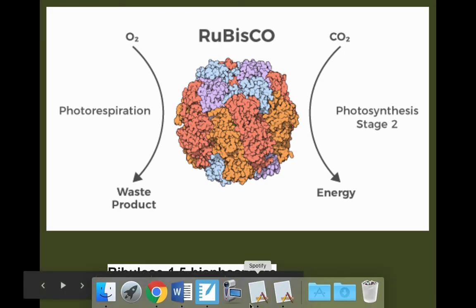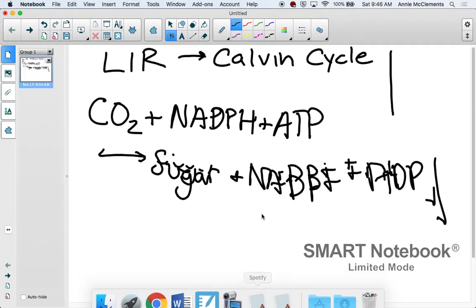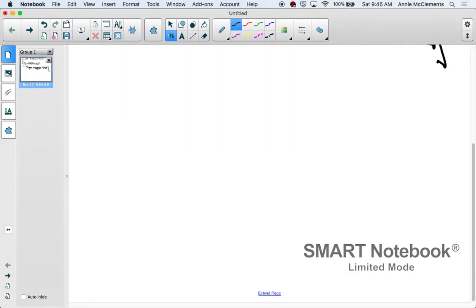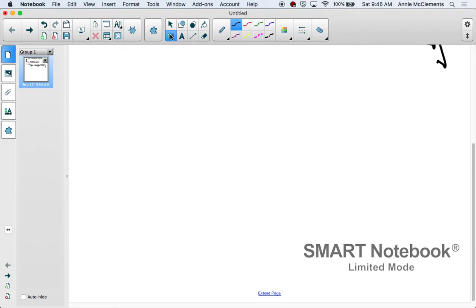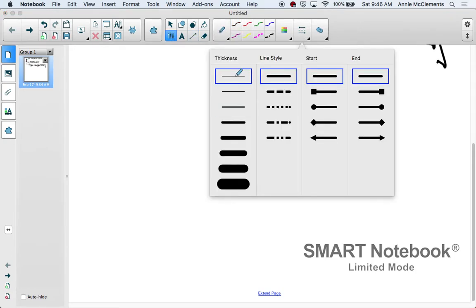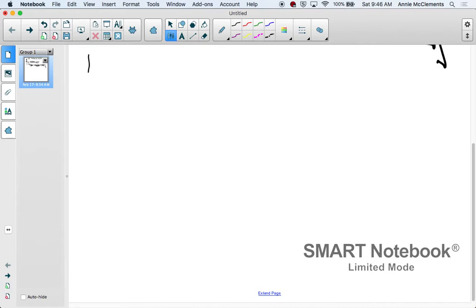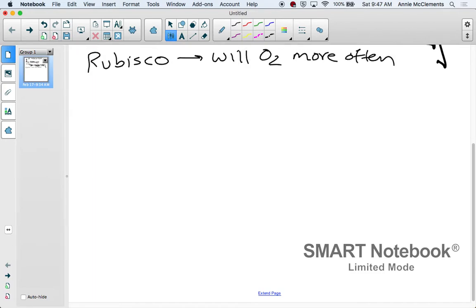So one of the things that can increase the chances that rubisco binds to oxygen instead of carbon dioxide is, so we're looking at rubisco, and it will bind to oxygen more often at high temperatures.